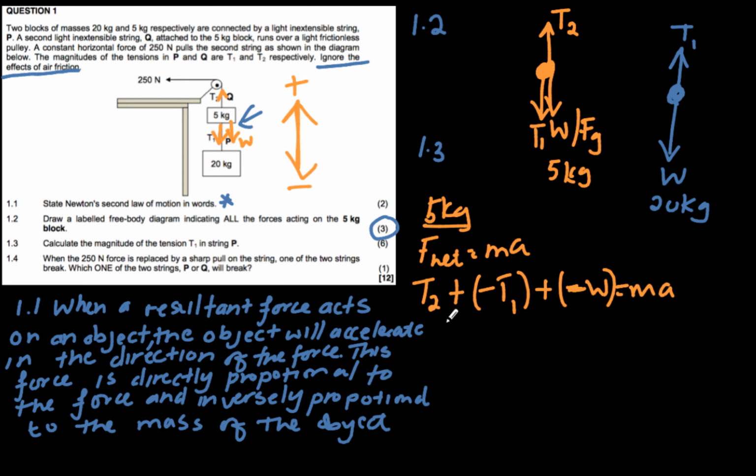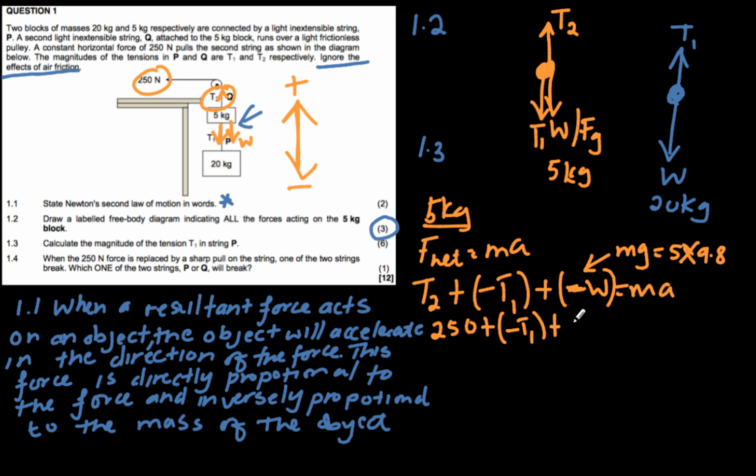Then if we substitute T2, you must take note T2 here is equal to 250. So 250 plus negative T1 plus the weight. Remember, the weight is equal to mg, which is equal to 5 times 9.8.